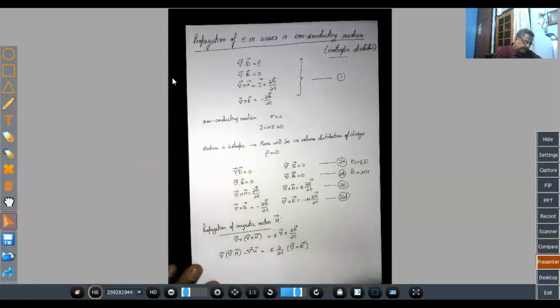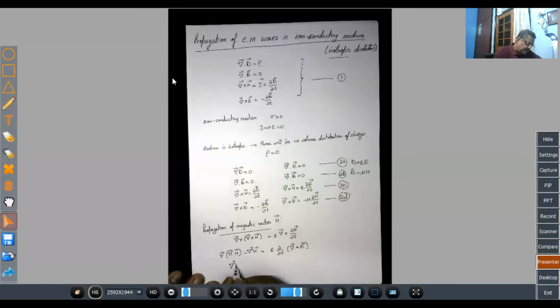Now, using this one, del dot H will be 0. So the only term on the left side will be del square H with negative sign to this side.